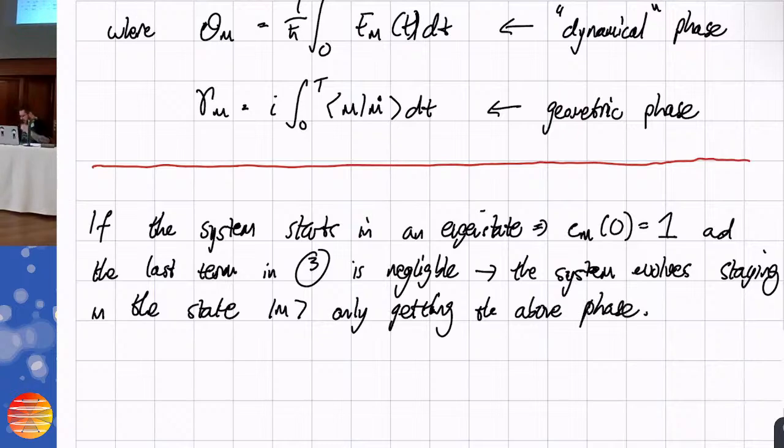That's just what I was just saying. So if I start in an eigenstate, then the only thing that will happen, if I can neglect that last term, is that it'll just start picking up these dynamical and geometric phases. That's the only thing that happens.